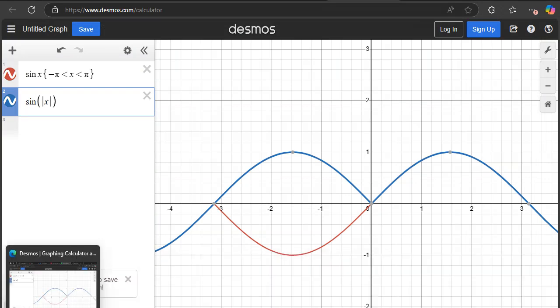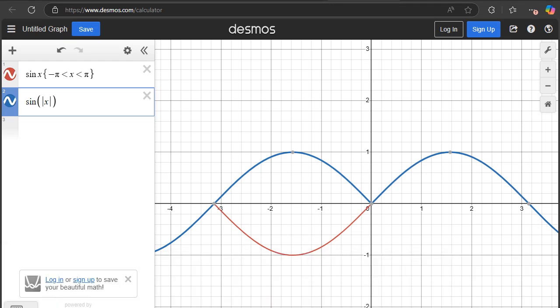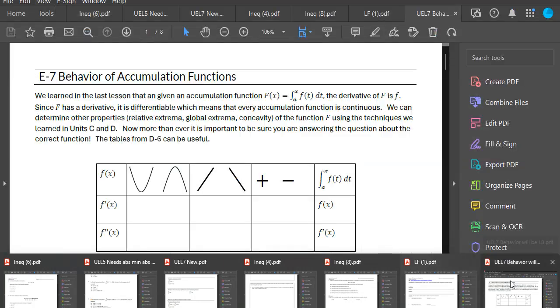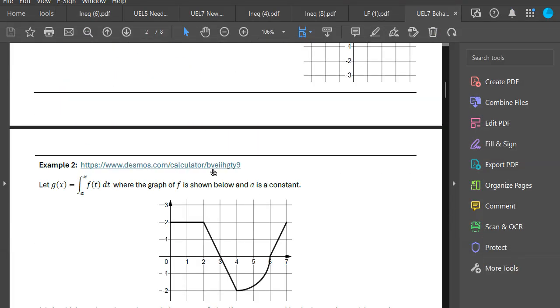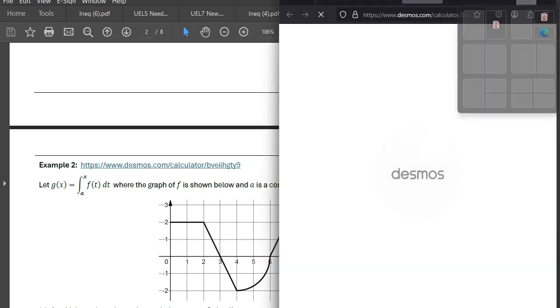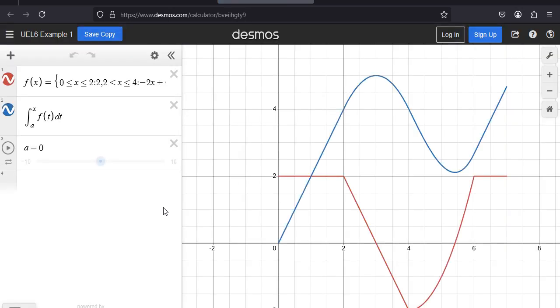I clicked on it before. I'll click on it again. There we go. Oh, it opened in Firefox for some reason. That's why I couldn't find it.